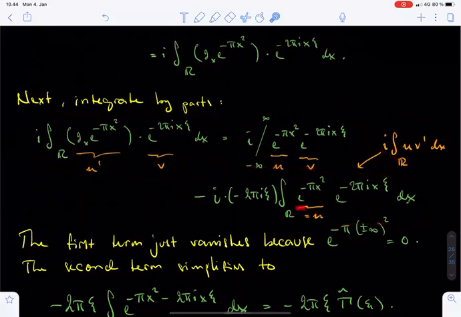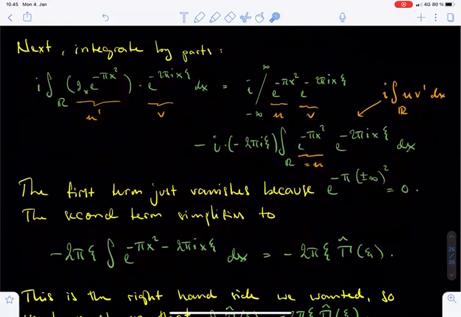As you may recall, u of x was simply the Gaussian function evaluated at x, and v at x was e to the power minus 2 pi i x times xi. Hence, v prime at x equals minus 2 pi i xi times e to the power minus 2 pi i x xi.